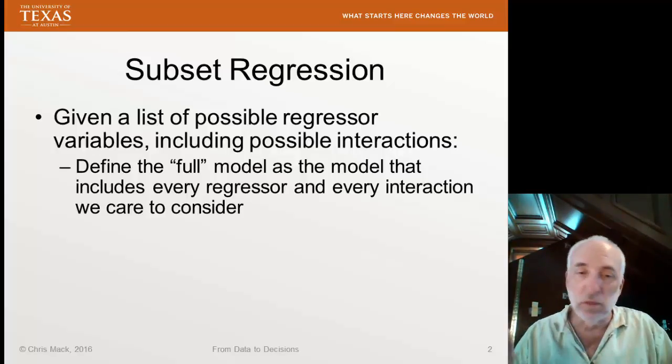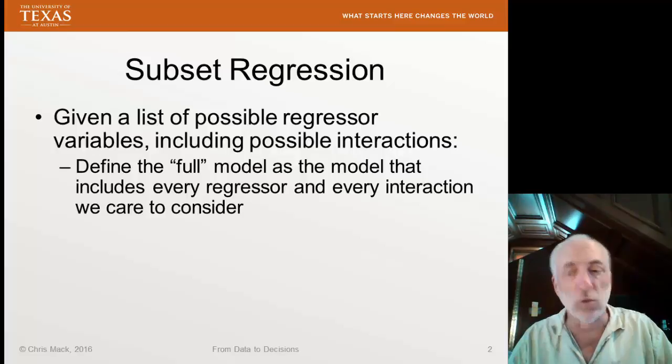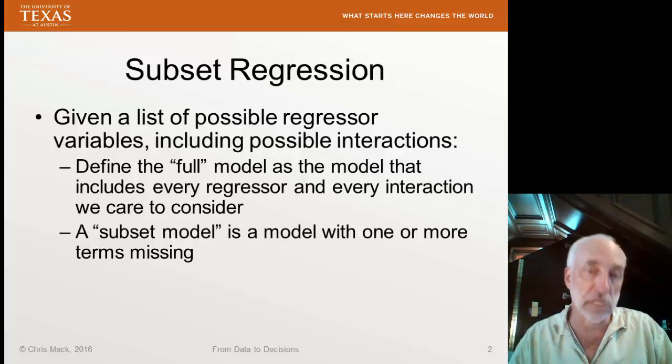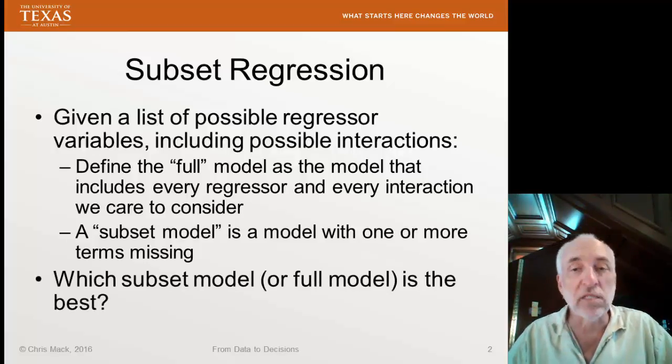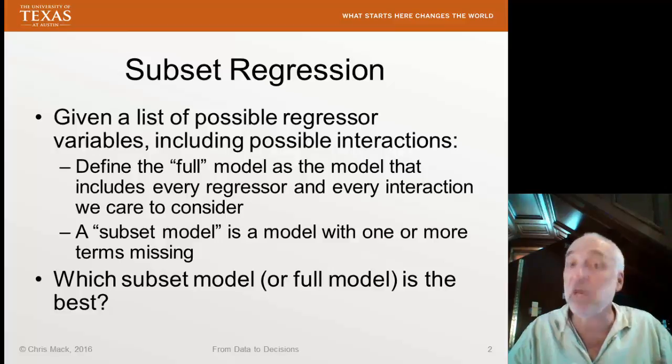So we just can't imagine or don't believe that any other regressor is possible or necessary. This will define our full model. Then a subset model will be any model with one or more terms missing. Our question is, which model is the best? Is the full model better than all the subset models? If not, is there a subset model which does better?